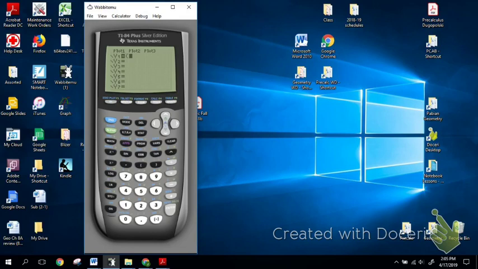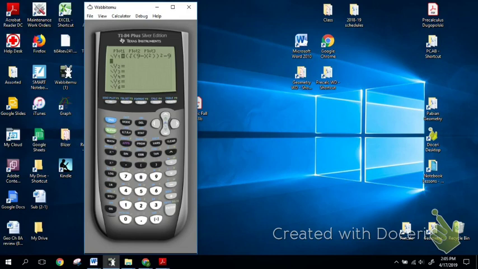I'm going to open with parentheses, hit my square root, then do 9 minus x squared. Then I'm going to close that parentheses, close my next parentheses, and square that. Then hit graph.